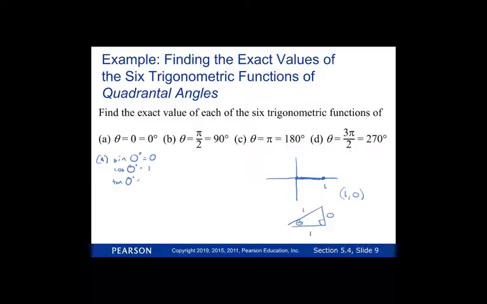Even though this is physically impossible, this is just for seeing how we're generating these numbers. Now, suppose we did sine of that theta. Sine is what again? Opposite over hypotenuse. What result do we get? 0, right? If we did cosine of this angle, cosine is adjacent over hypotenuse, so we get 1 over 1, which is just 1.